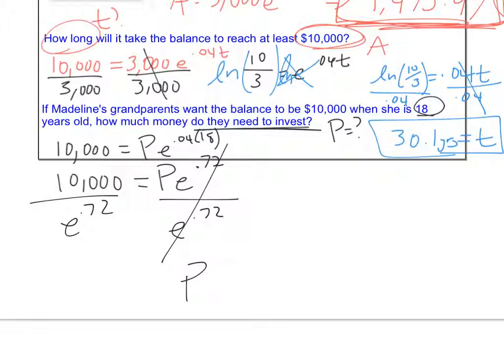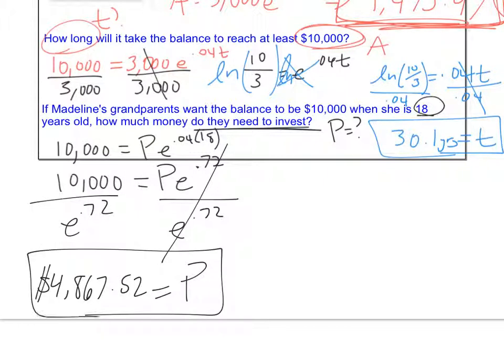So the principal equals 10,000 divided by e to the 0.72, which comes out to be $4,867.52. That's the amount of money that Madeline's grandparents would have to invest today if 18 years later, on her birthday, she can have 10 grand. Okay.